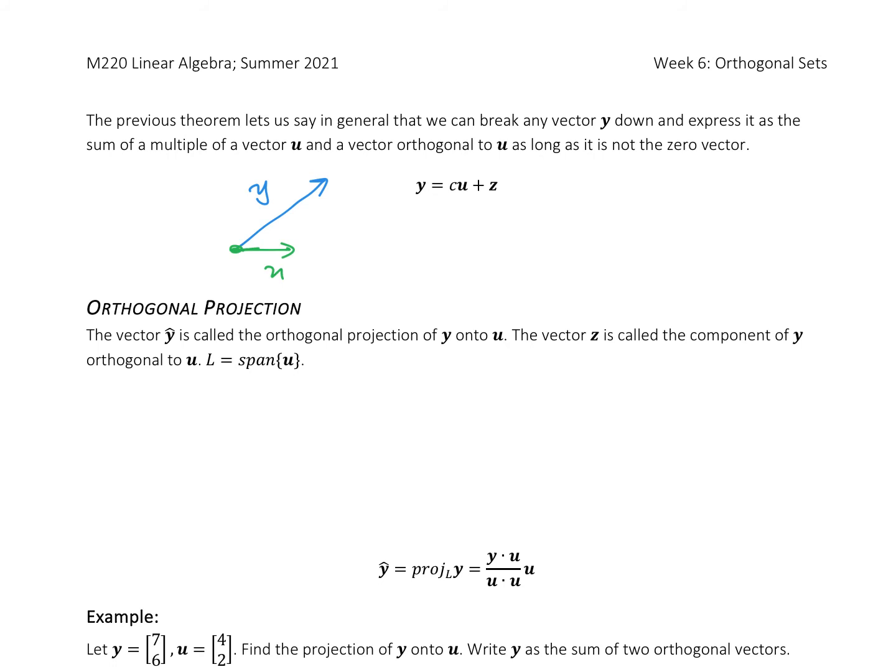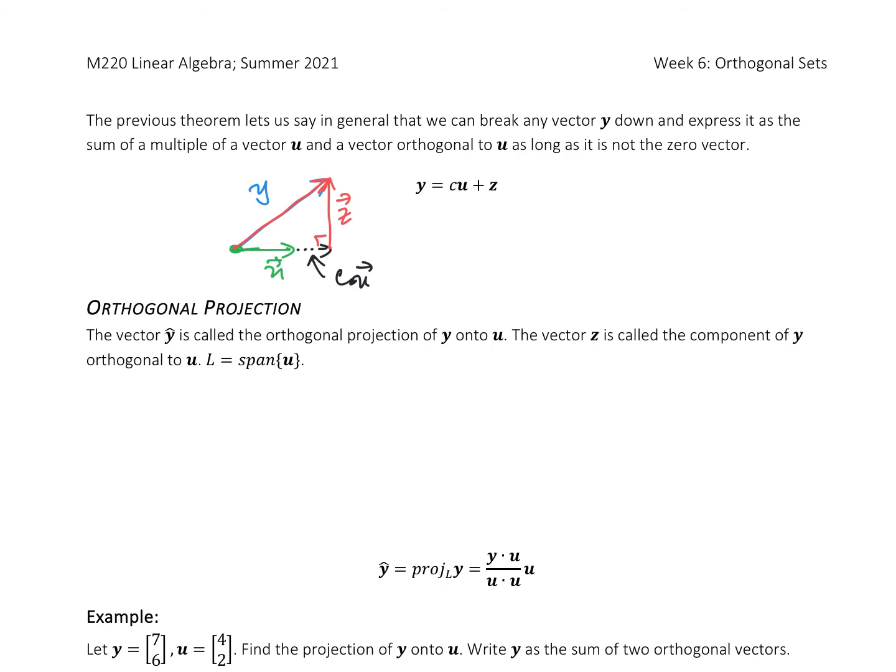So z is some perpendicular vector, and this here would be c times u. What I end up with, if you think about addition, right? So we'll let this be z. Hopefully you can see, if I take cu plus z, the vector addition says that y is the diagonal of the parallelogram that's going to be created there. So y is equal to that.